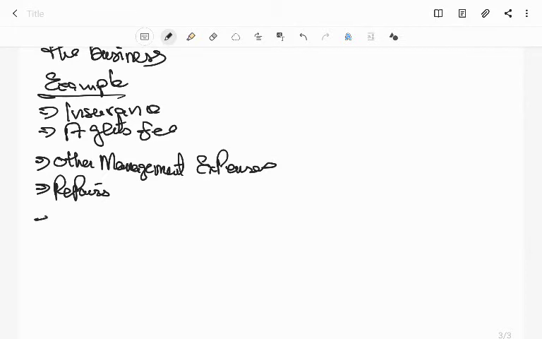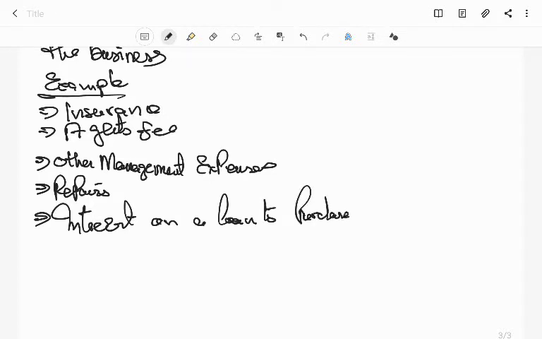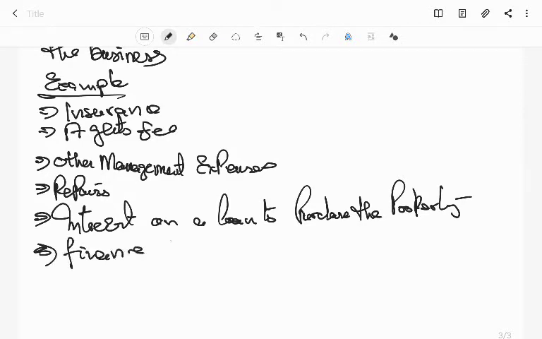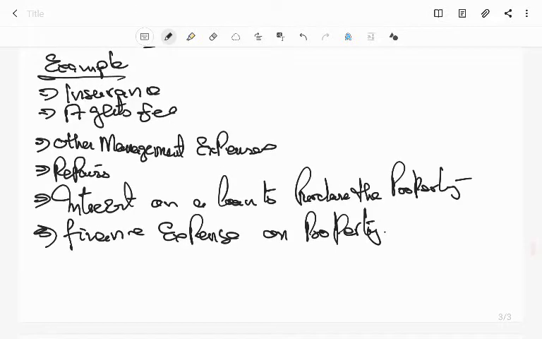And then interest on a loan to purchase the property, or you can say finance expense on property. And further, I would say capital expenditure is not allowable.